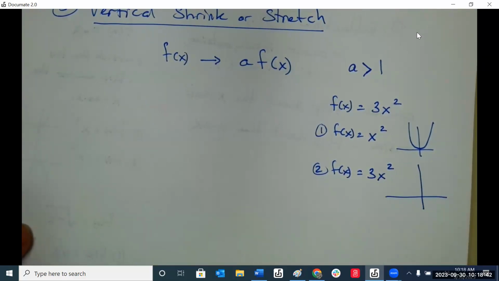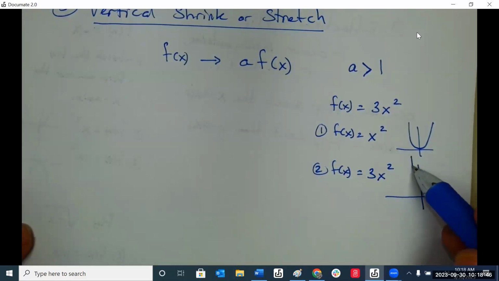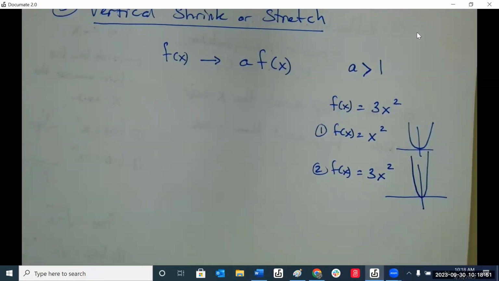So what's that going to do to the graph? Vertically, yeah, it's going to stretch it out. It's just like one of those, I don't know if you guys remember those bendable buddies. You could take them and stretch them out. You get really skinny. That's what's happening here.